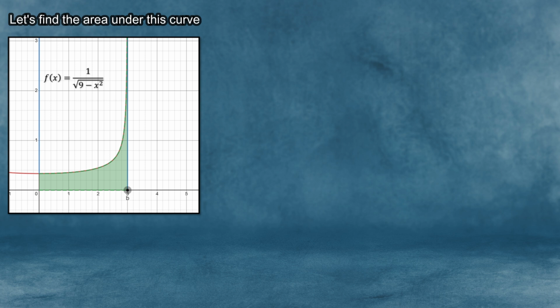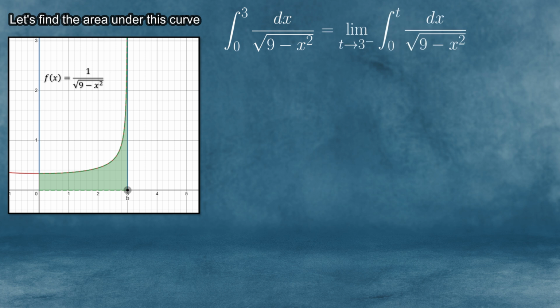In this case, we have the integral from 0 to 3 of dx over the square root of 9 minus x squared. But as we know that 3 represents an infinite discontinuity, we're going to take the limit when t goes to 3 from the left of the integral from 0 to t of dx over the square root of 9 minus x squared.